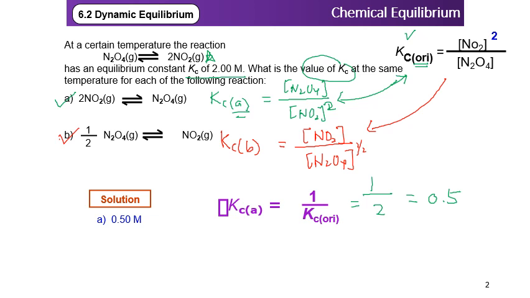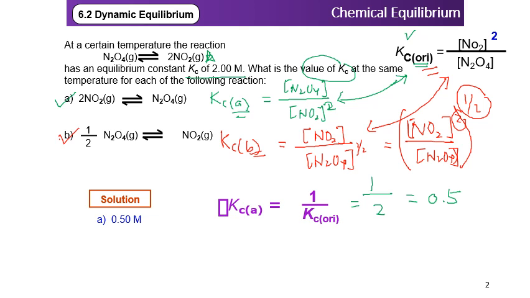If I check the relation between Kc B and the Kc original, I will notice that it is Kc original raised to the power of 1 over 2. Do you agree? 2 times 1 over 2, I will get 1 here. 1 times 1 over 2, I will get 1 over 2 here.